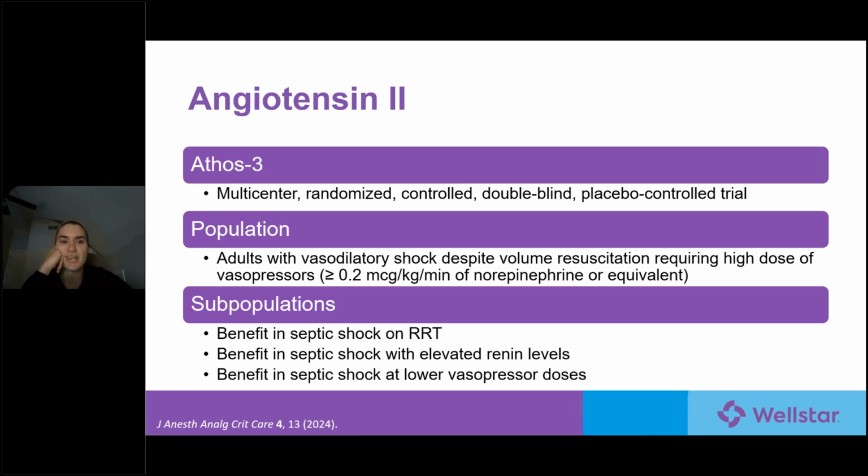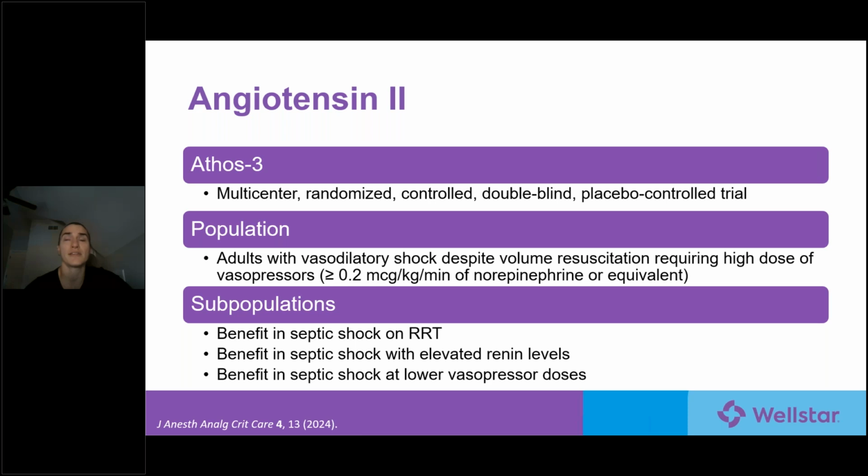But I did want to mention the subpopulations that they looked at from this trial. Specifically, there are some data showing that angiotensin 2 may have benefits in those septic shock patients who are on renal replacement therapy, and in those who have elevated renin levels. So if your hospital is capable of quickly running a renin level, it may be beneficial to send one in your septic shock patients that are rapidly progressing to two-pressor shock.